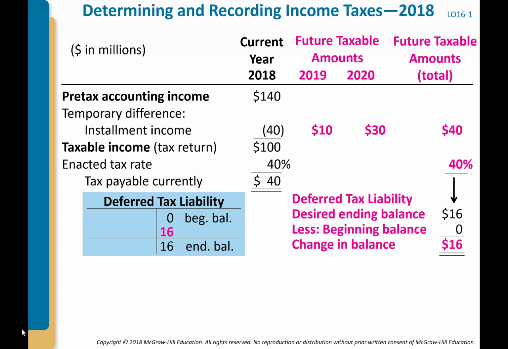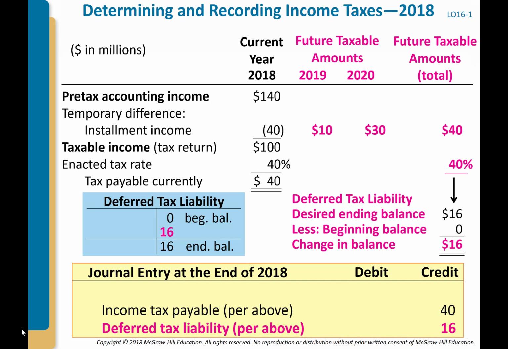So if the deferred tax liability at the beginning of the period was 0, and we need now 16 as that liability, our deferred tax liability will be credited this period for 16. And so you come over and you take a look at the journal entry here, and we do what? Our deferred tax liability is 16. That's the amount we have to put in there.